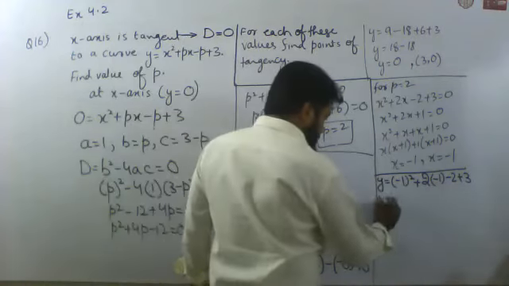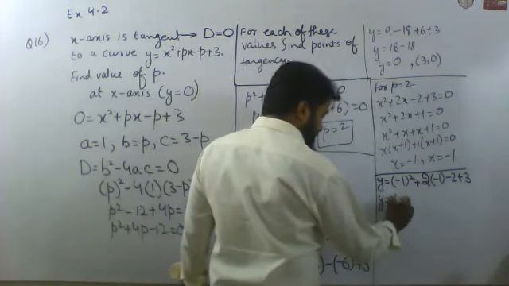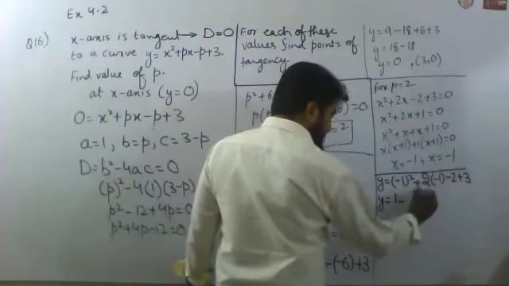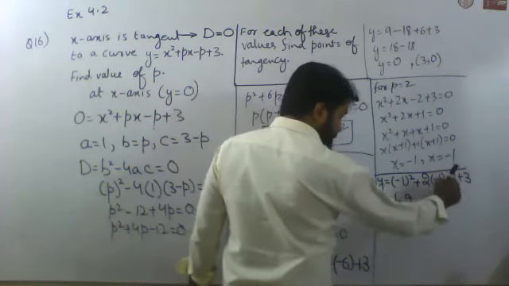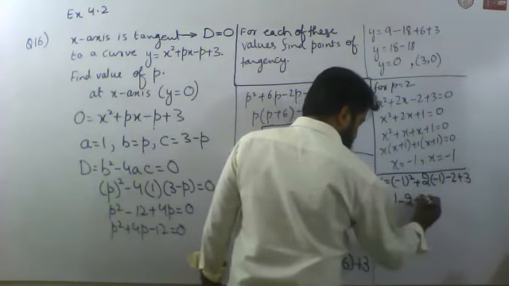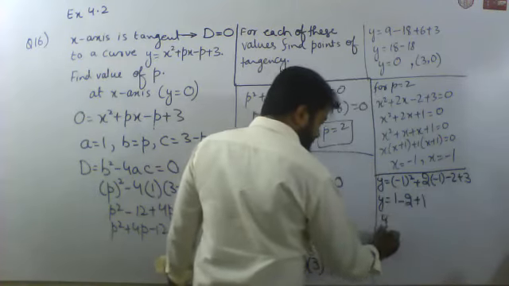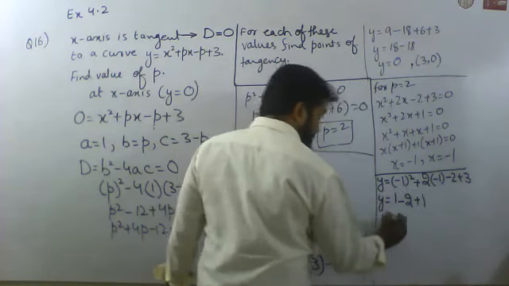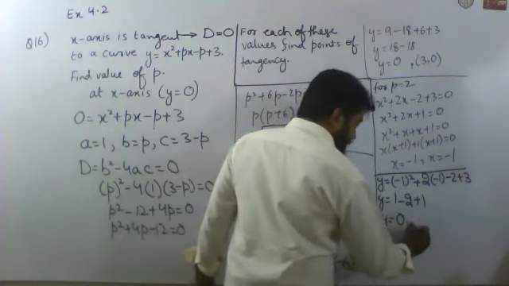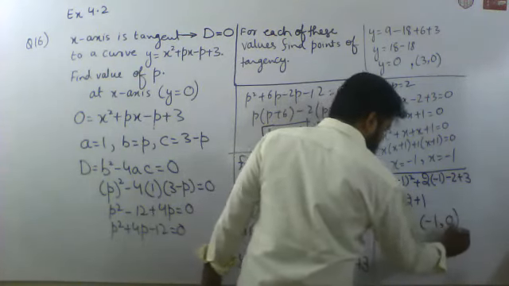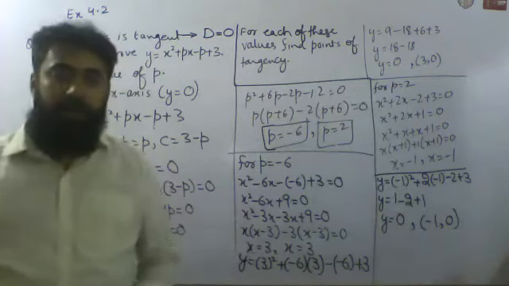Simplifying it, y equals minus 1 whole square is 1, plus minus minus will become 2, minus 2 plus 1. So y equals 1 plus 1 minus 2, the result will be 0. It means the second point of tangency is minus 1 comma 0.